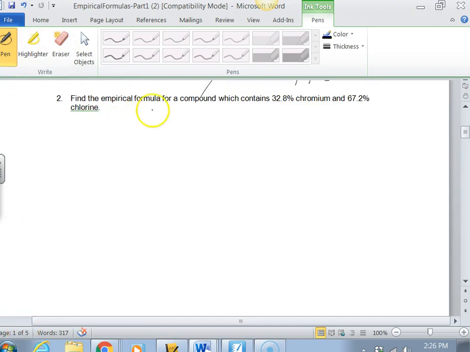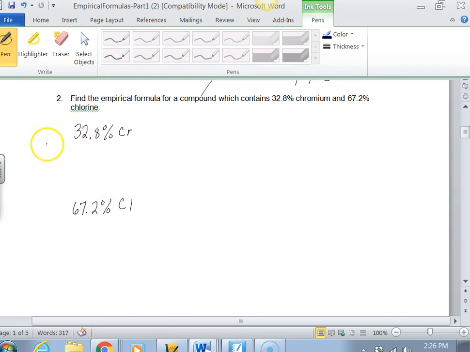So in our next problem, we're going to find the empirical formula between the elements chromium and chlorine. This is with 32.8% chromium in this compound and 67.2% chlorine.